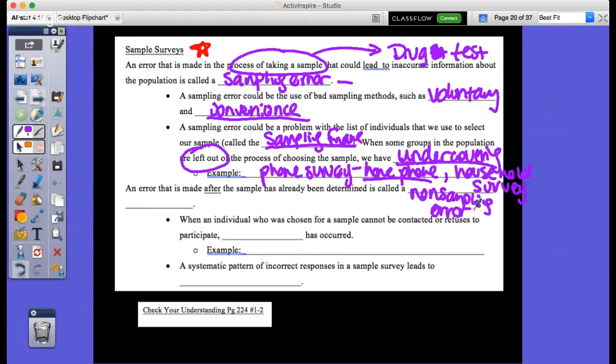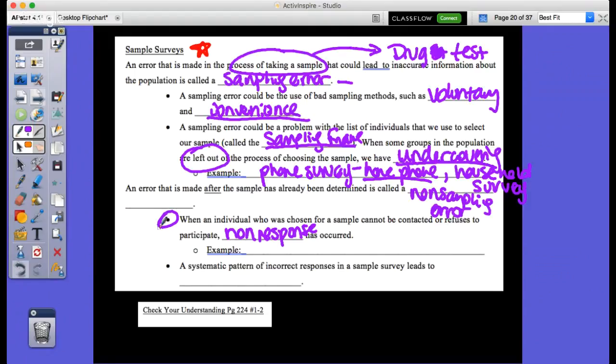This is when an individual who is chosen for a sample cannot be contacted or refuses to participate. That's just a non-response that has occurred. This, again, is an example of a non-sampling error. Some of these things you're going to have regardless, right?